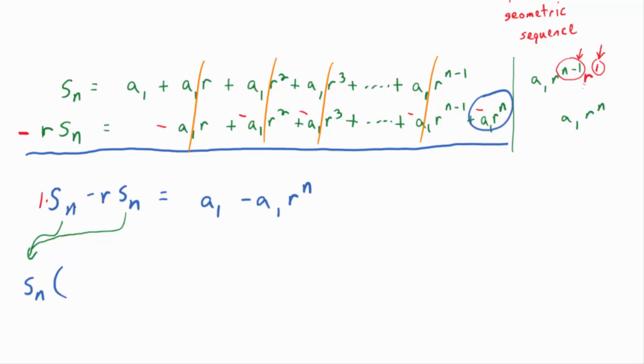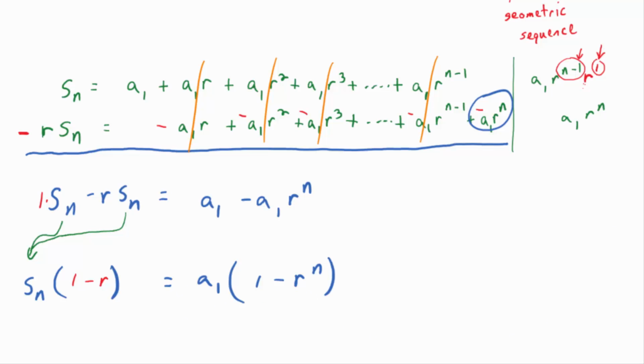So if I factor out this Sn, there's a 1 left here. If I factor out this Sn, there's a minus r left here. So 1 minus r left inside. The right side doesn't change. Oh, except I think I might as well go ahead and factor out the a1. It'll maybe look a little nicer. If I factor out the a1, what's left on the right side? 1 minus r to the n.